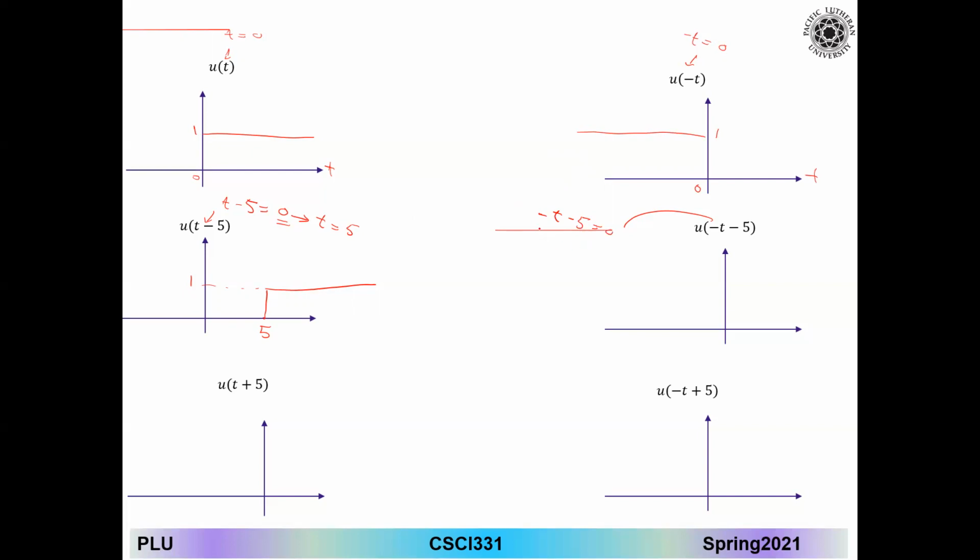So from here you can find t equals 5... in this case with -t minus 5 equals 0, you find -t equals 5, so t equals -5. What that means is I have to go and find the minus 5 point on my scale. Here is the minus 5, and it is minus u(t). So what that means is it should go that way from minus 5.